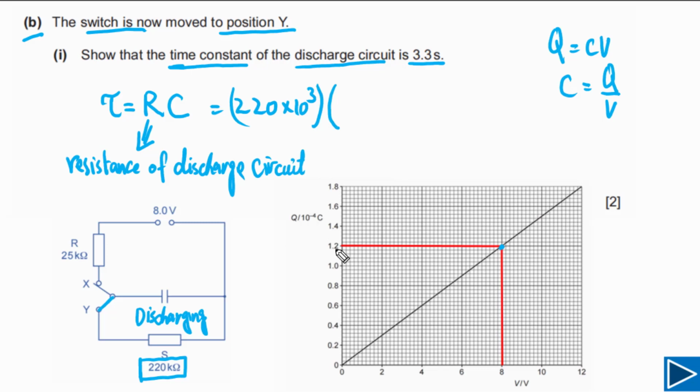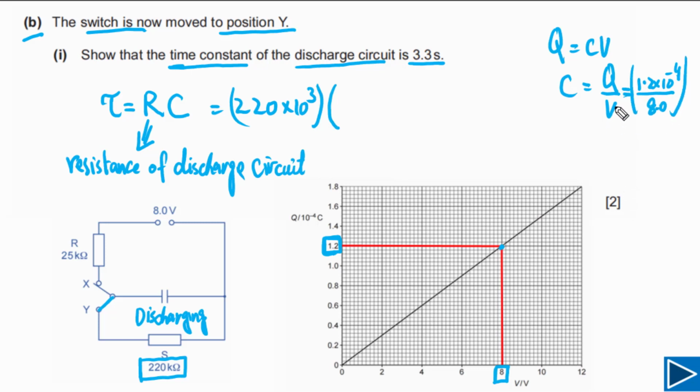So when the charge on one plate of the capacitor is this one, the potential difference across the two plates is equal to 8 volts. So in this case the capacitance will be equal to 1.2 times 10 to the negative 4 divided by 8.0.